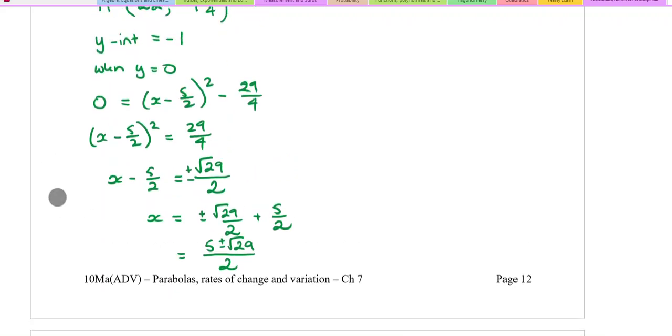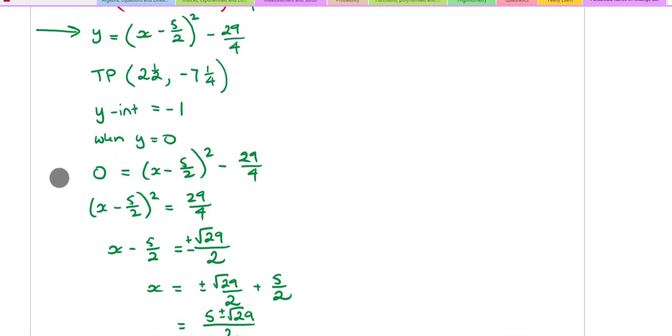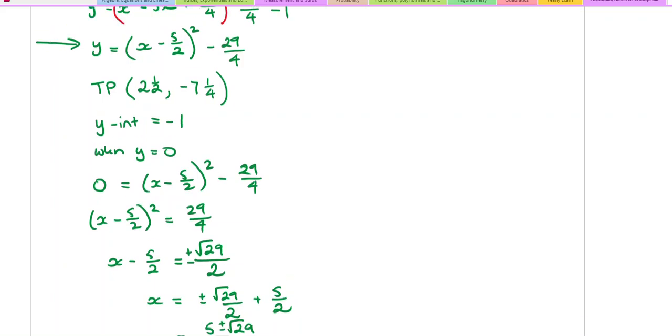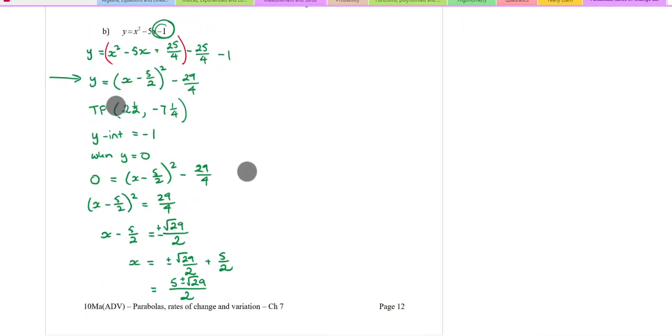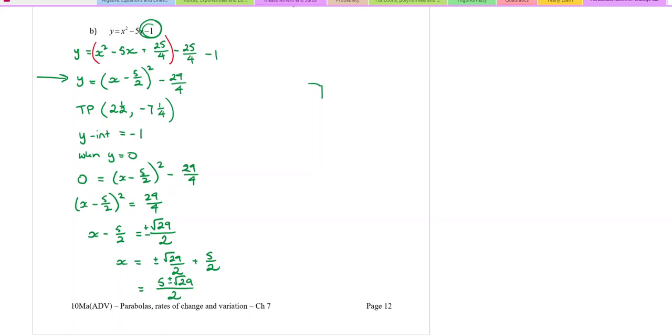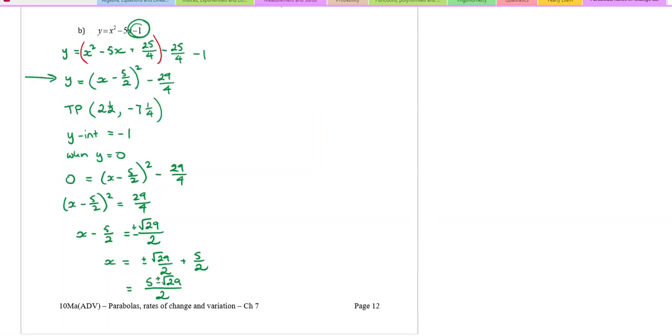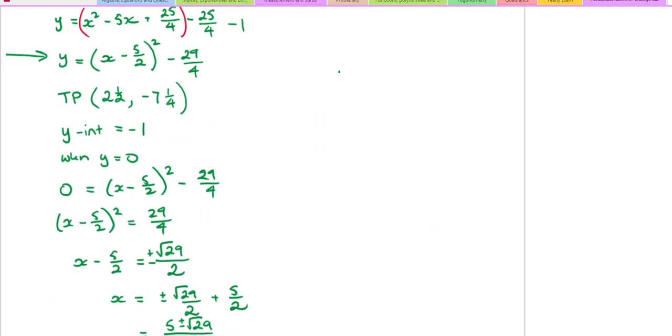All right, so let's put this on a graph. We have x-intercepts at 5 minus square root of 29 over 2.